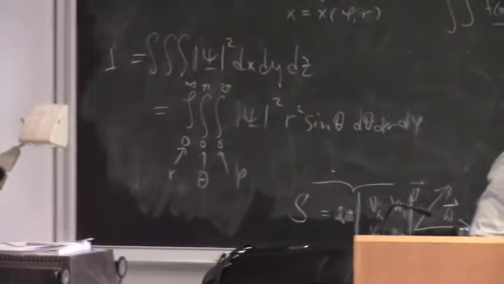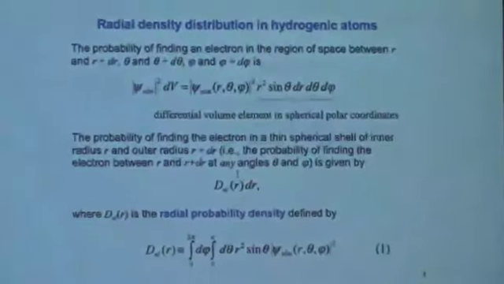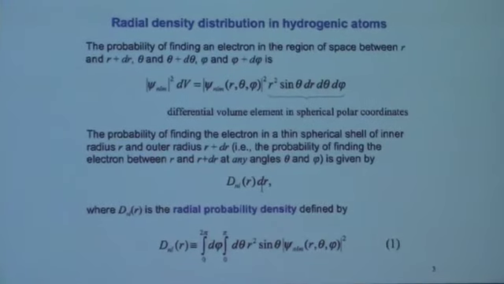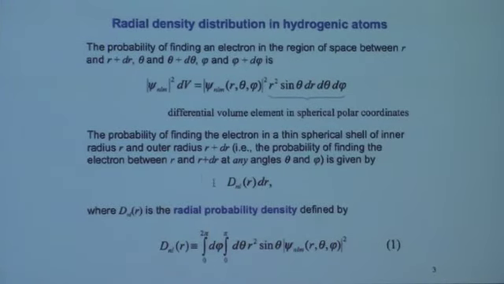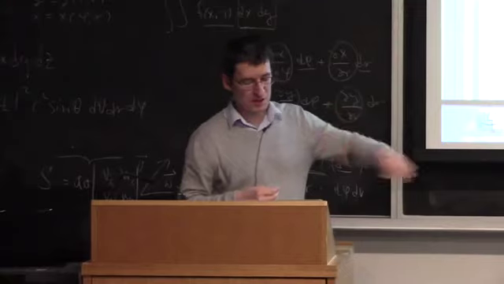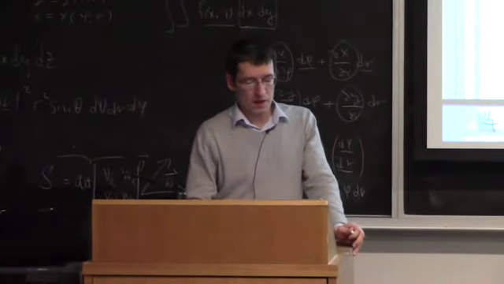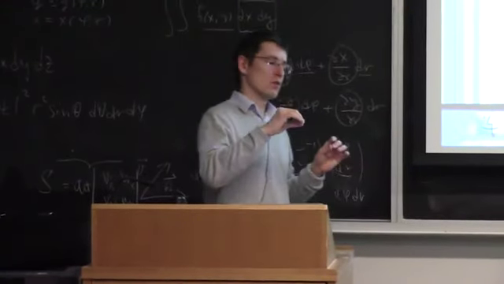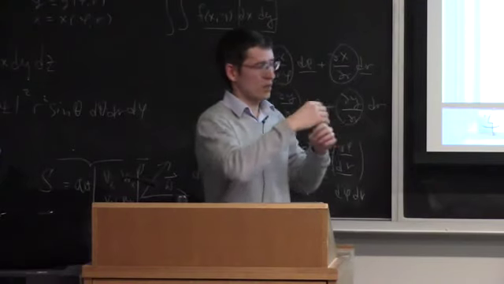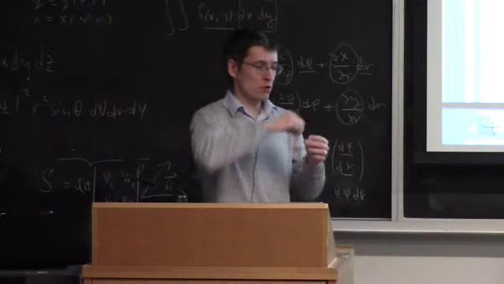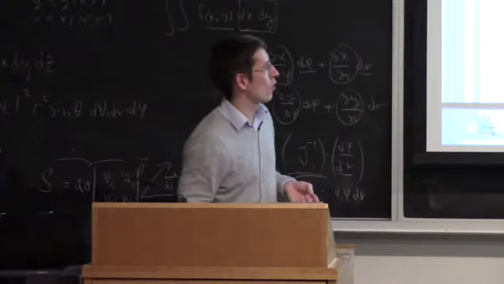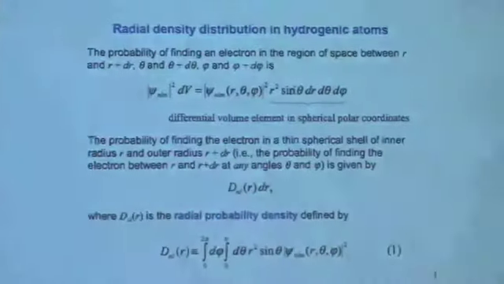Now, what people like to use for presenting the probability density plot is they like to integrate out or remove all the angular dependencies, right? And just see how, when we are far from the nucleus, the probability density decays with distance. And of course, we don't just toss out theta and phi, because some orbitals and some wave functions have angular dependence. And so then you need to sum, or average, over all angles, accounting for the Jacobian part that depends on angle, right?